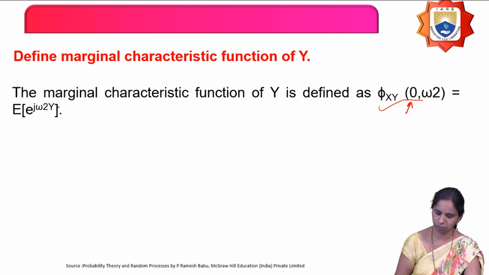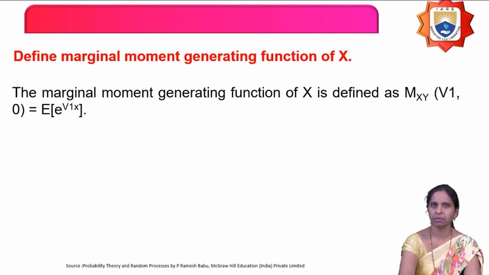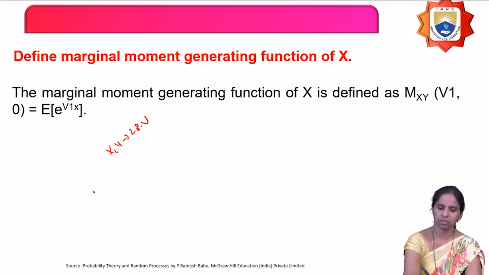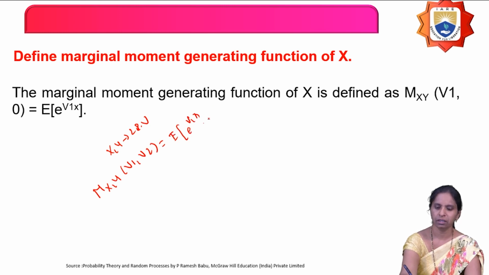Next one is define marginal moment generating function of the random variable x. For two random variables x and y, the joint moment generating function M xy of v1 comma v2 is nothing but expectation of e power v1 x into e power v2 y, or expectation of e power (v1 x plus v2 y).